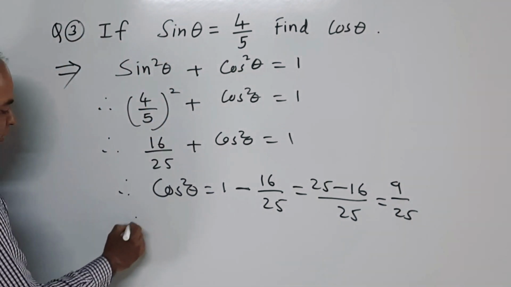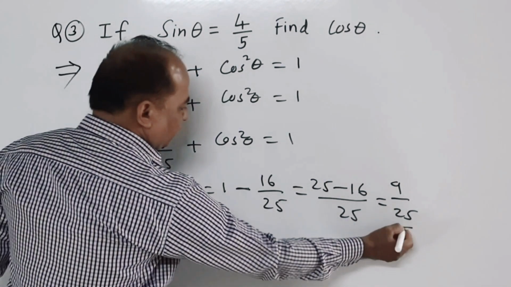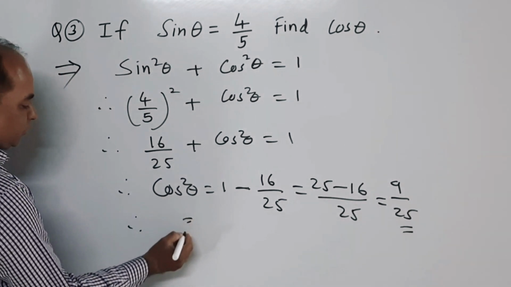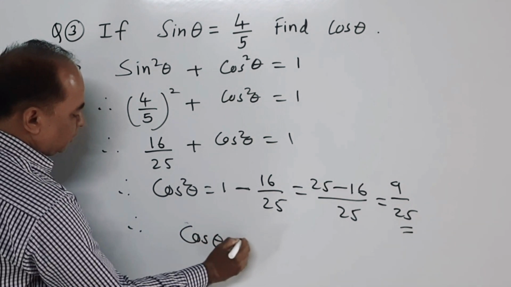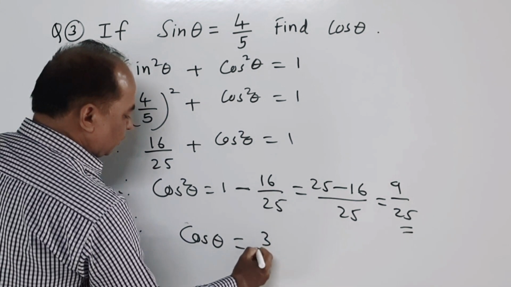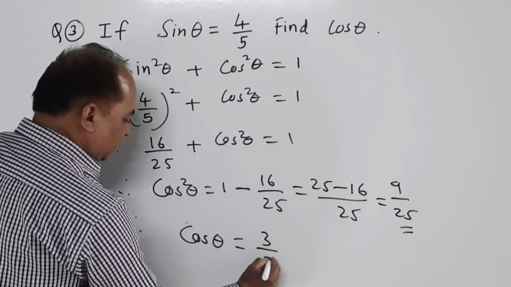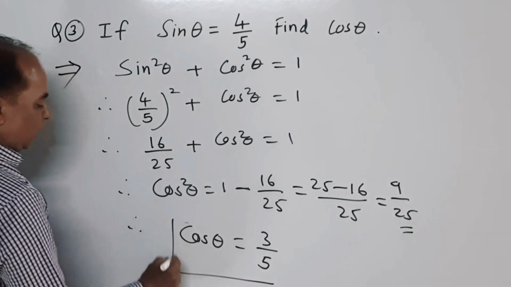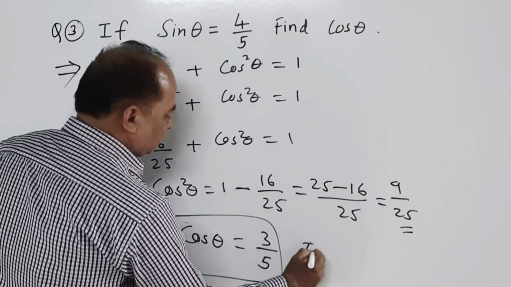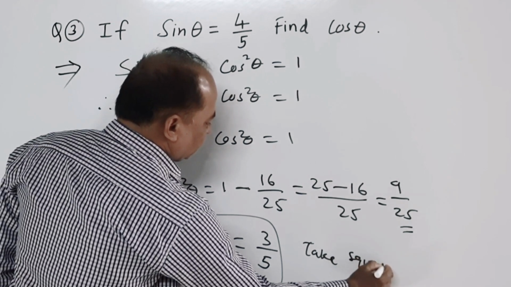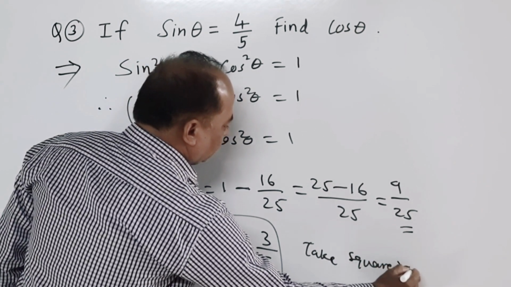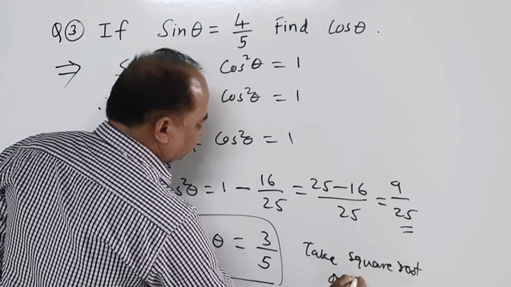Taking square root of both the sides, cos square theta becomes cos theta, upon square root of 9 is 3 upon 5.